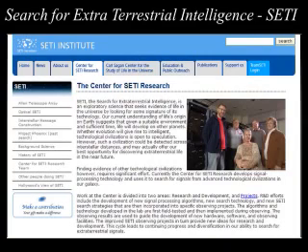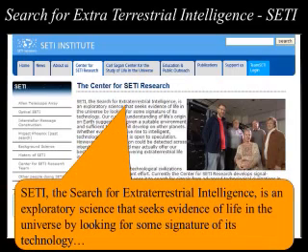Here's their website. You go out there and look at it for yourself. Search for extraterrestrial intelligence. Just Google that and you'll get on their website. Here's what it says in the first paragraph. SETI, the search for extraterrestrial intelligence, is an exploratory science that seeks evidence of life in the universe by looking for some signature of its technology.